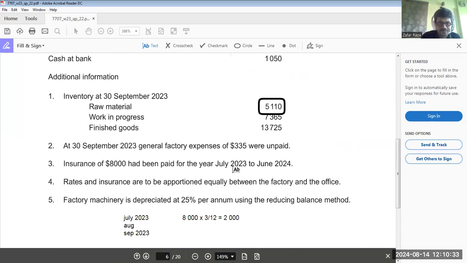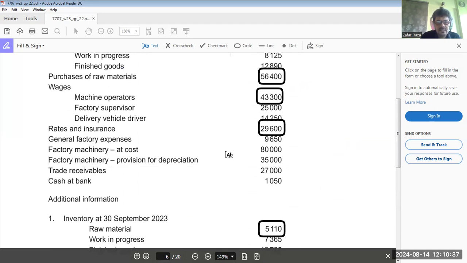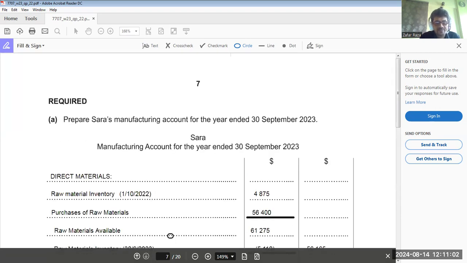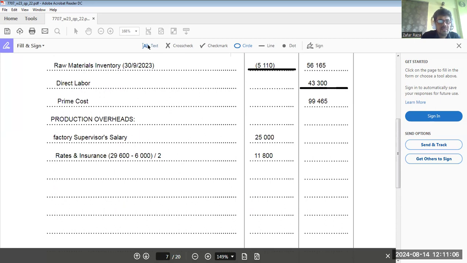So what we do here, general factory expenses are given as 9,650 and 335 are unpaid. 9,650 plus 335 makes it 9,985. General factory expenses $9,985.